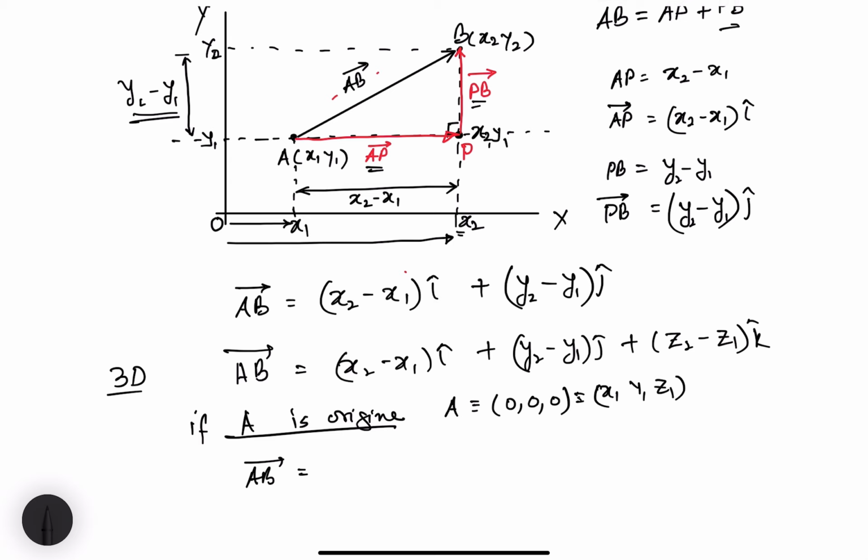So x1, y1, z1 all become 0. Means this will become 0, this will become 0, this will become 0. So you are left with only one coordinate set, x2 i cap plus y2 j cap plus z2 k cap.